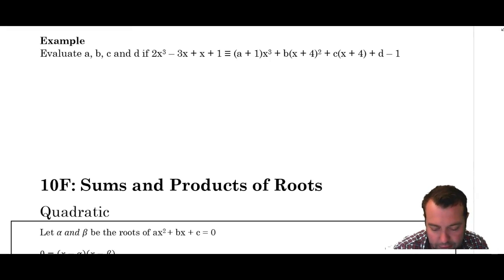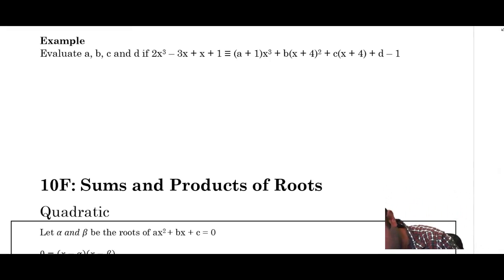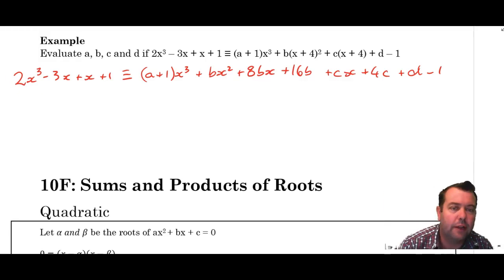That polynomial on the left is easy enough to work with. The one on the right has all sorts of things going on. Sometimes we have an unknown in the coefficient, and that's really easy to work with. But when I have, say, b outside of x plus 4 squared, I think we're going to want to expand these out. I've expanded that x plus 4 squared out mostly and distributed c over the x plus 4.